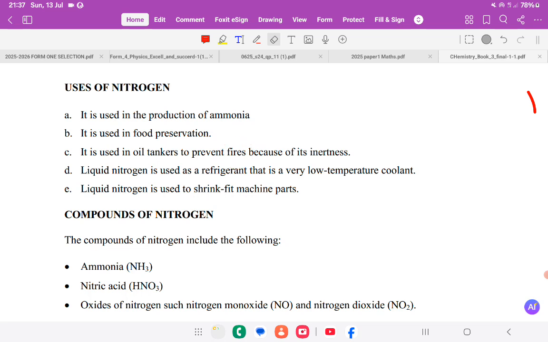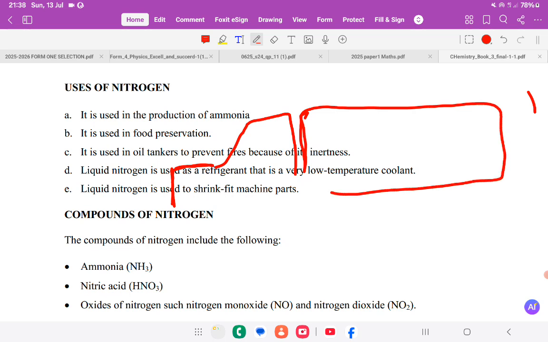If you have seen tankers, they are huge vehicles that transport oil. Let's say this is a tanker, a very big vehicle carrying oil.